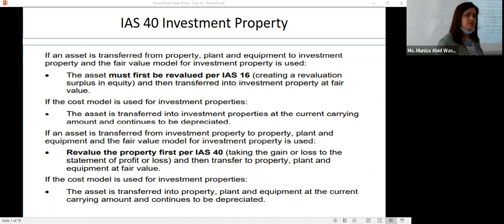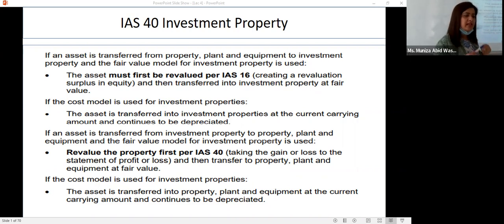Under IAS 16, students, what do we do? Initially, the asset is measured at its cost. Cost is the initial purchase price plus all the costs which were necessary to bring the asset to its present location and condition. Subsequently, after the first year of the purchase, we have the option to use either a cost model or a revaluation model.